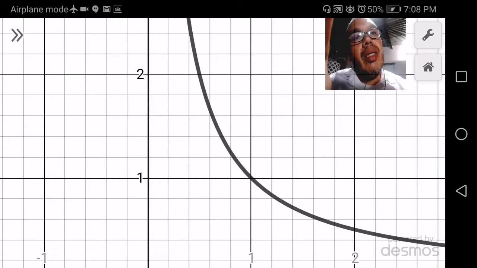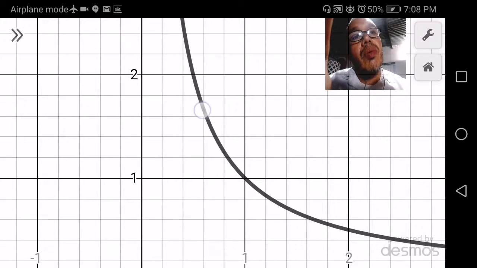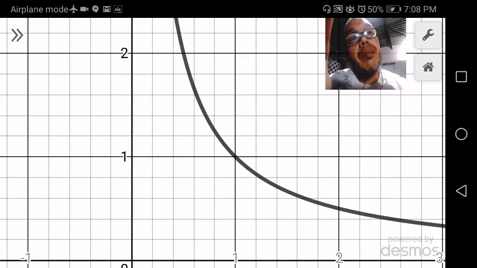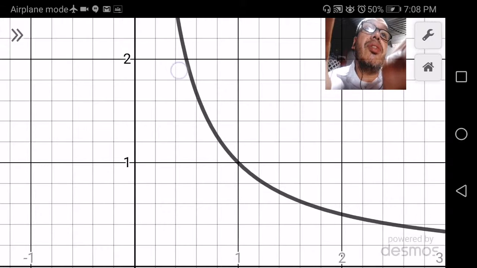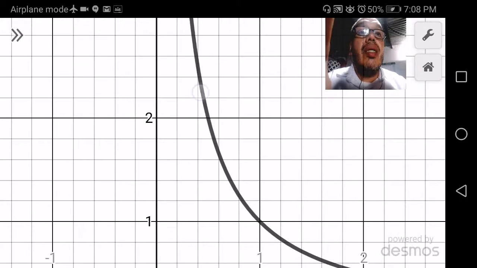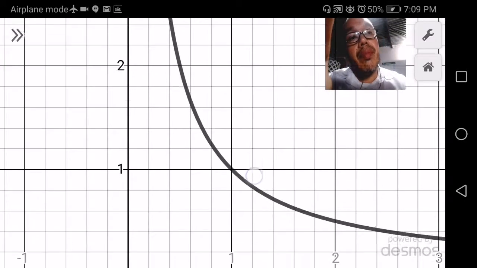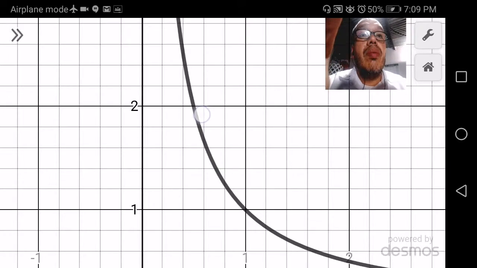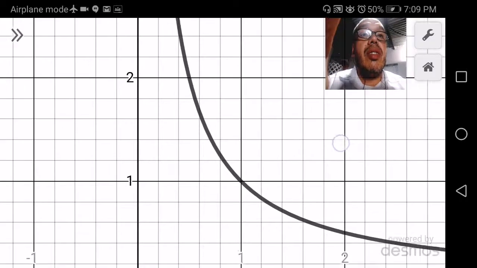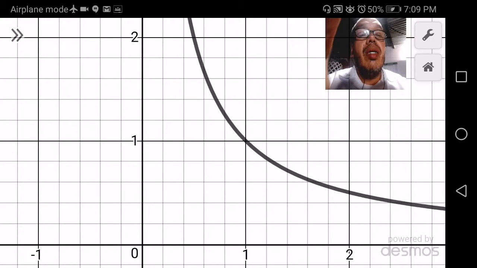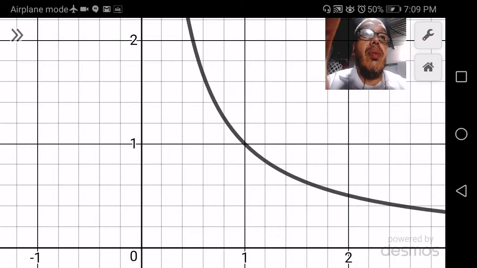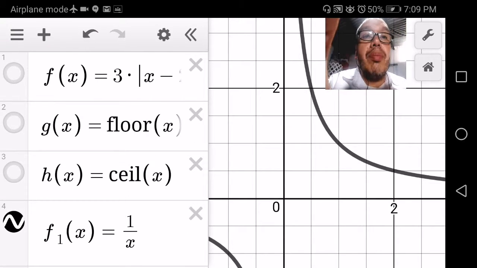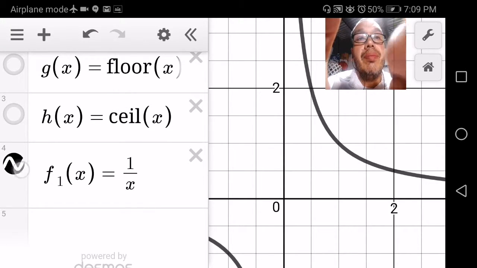And over here, where x is equal to 0.5, you're going to get that y is equal to 2. And that's called a reciprocal function, 1 over x.